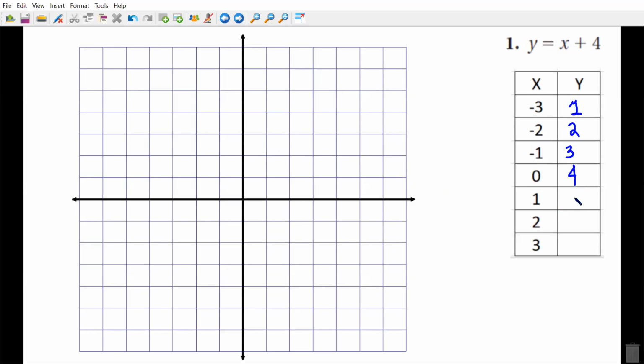Okay, Valeria Echeverry, 1 goes along with? 3? Y is going to be equal to 1 plus 4. Y is equal to what, Mr. Echeverry? 5. Good job.